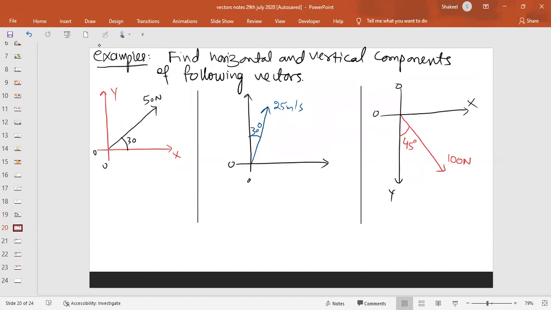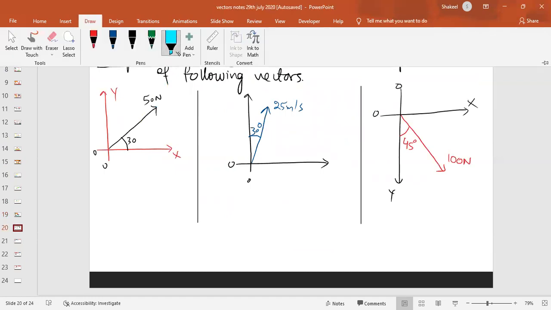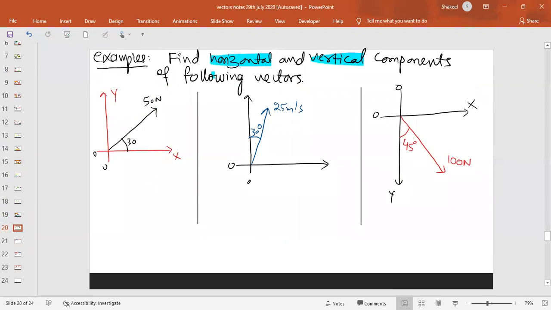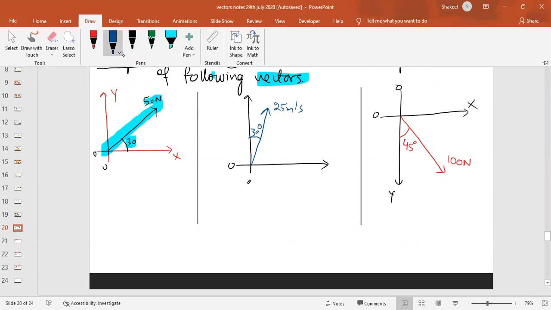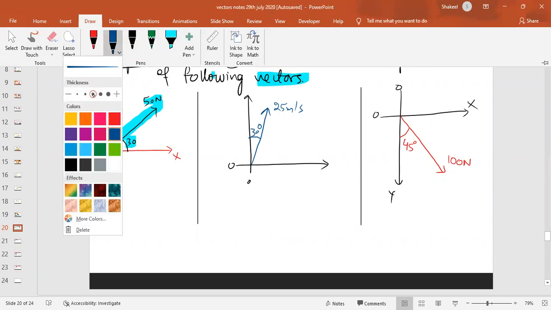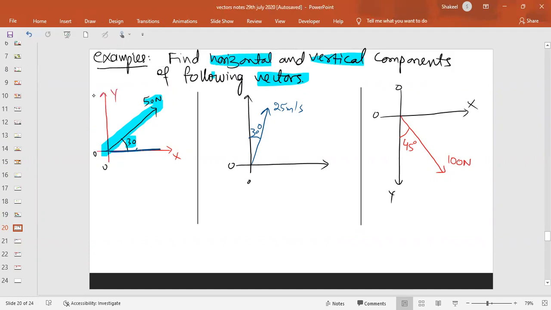Okay, now let's find some horizontal and vertical components of the vectors. So let's say this is 50 Newton at an angle of 30 degree. So what you will do is you have to like resolve it. So this component which will be along X-axis, this is cos. So we say this is 50 cos 30.